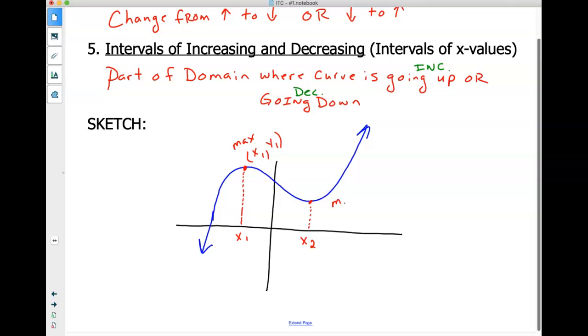And my minimum in this case is going to be at x2 comma y2. So when we're talking about intervals of increasing and decreasing, what we can see is right here, because you always do this as you're reading your graph left to right, there on that green, I'm increasing.